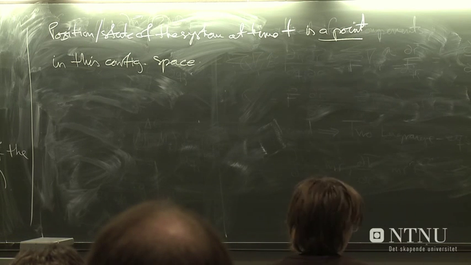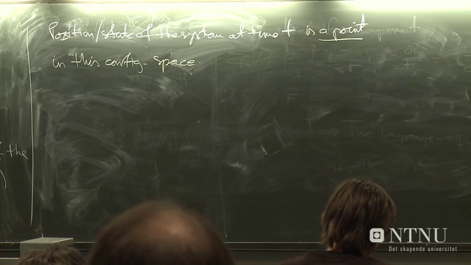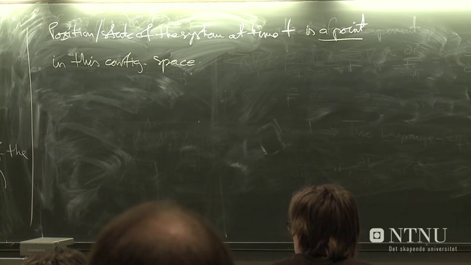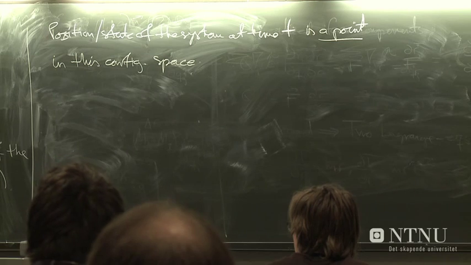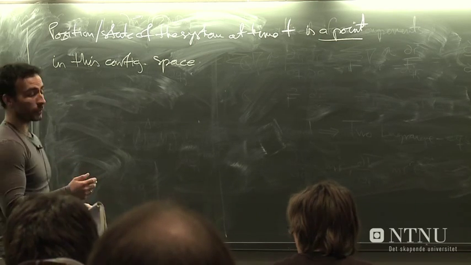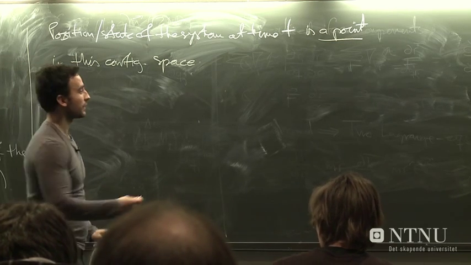You can think of it as giving the position and velocity of each particle in the system at a given time t, represented as a point in this configuration space. So then we can say what the system's movement is.